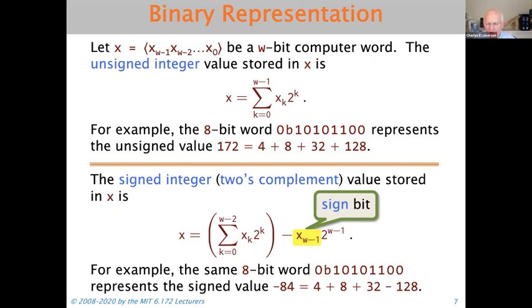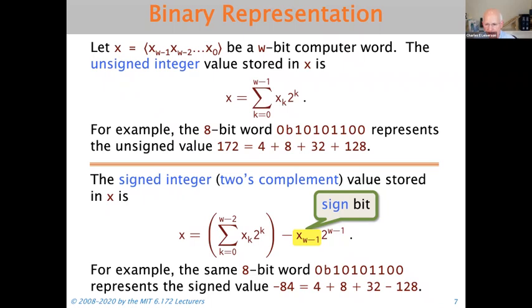It's important to know the range of numbers you can represent. With 8 bits for the signed case, the largest number you can represent is 127. And the smallest, most negative, is minus 128. So there's an asymmetry, 127 for the biggest, minus 128 for the smallest.